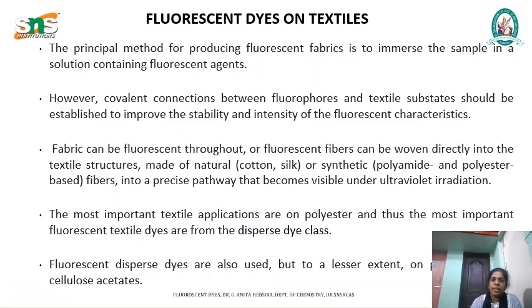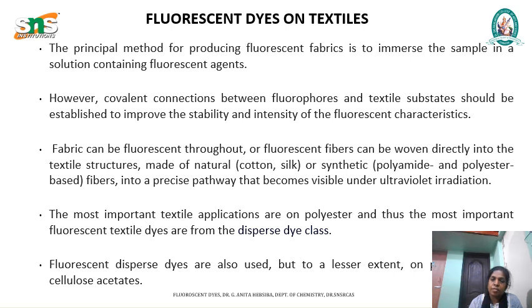How are these fluorescent dyes applied on textiles? The principal method for producing fluorescent fabrics is to immerse the sample in a solution containing fluorescent agents. However, covalent connections between fluorophore and textile substrate should be established to improve the stability and intensity of the fluorescent characteristics.